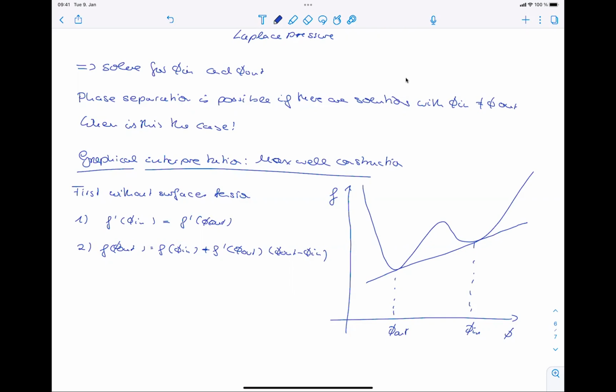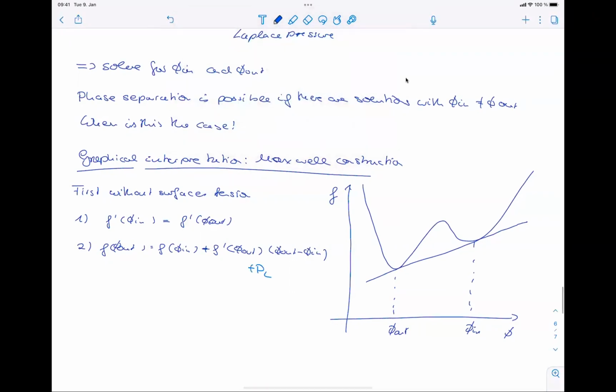Now, what would happen if I add here the Laplace pressure term that comes into play? That would mean that there's an offset in these curves that's proportional to the Laplace pressure.